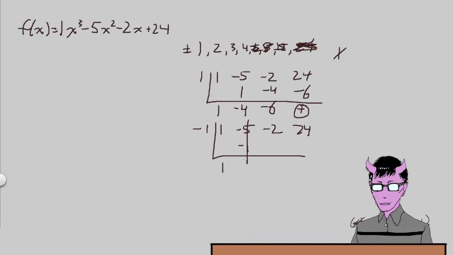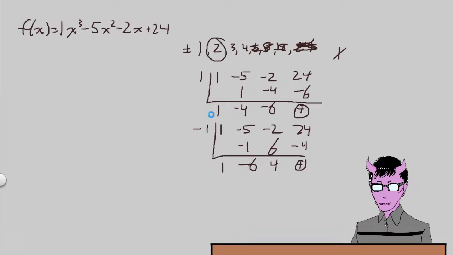Product. Sum. Product. Sum. Product. Okay, that's clearly wrong. It's a positive value. So unfortunately, they both ended up being positive. So that's not going to help our case in terms of the intermediate value theorem. So we need to have a different guess.